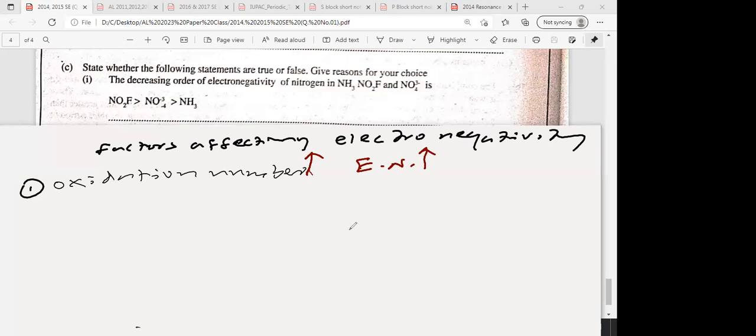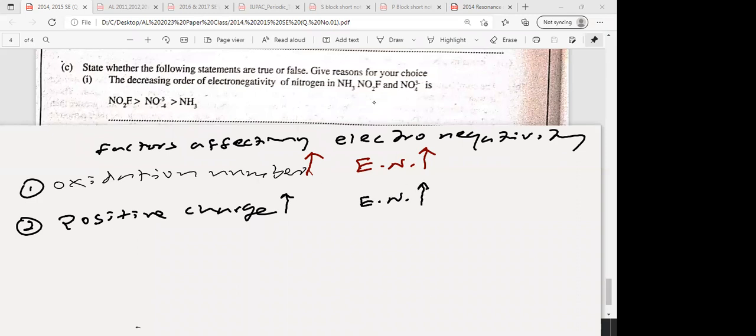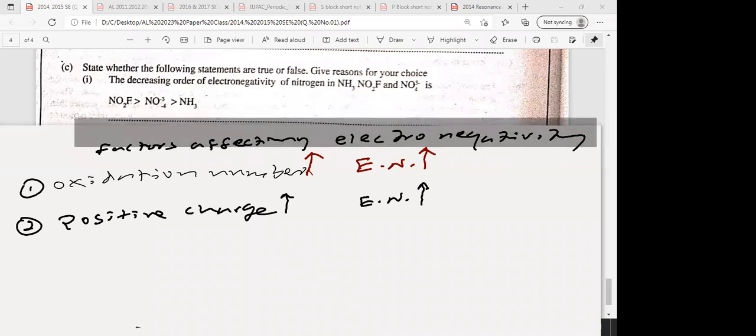Number two, second factor: positive charge on the atom. That means electropositive. When the positive charge increases, electronegativity increases. Second point. Third one.